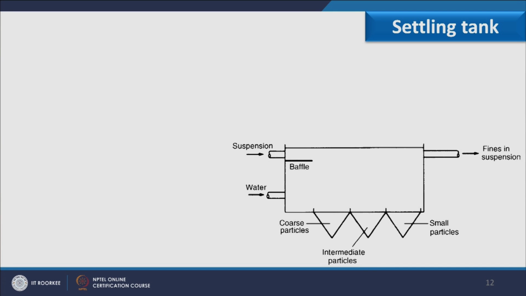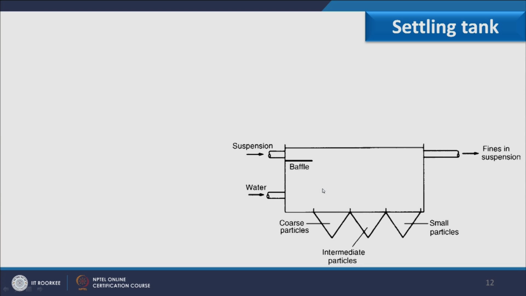This is the schematic of the settling tank. What will happen over here? If you see this tank, from here we have the suspension in which a mixture of particles is available, and at the bottom we have different compartments. The suspension enters from this nozzle with high velocity, and this settling tank is very wide as far as diameter is concerned.